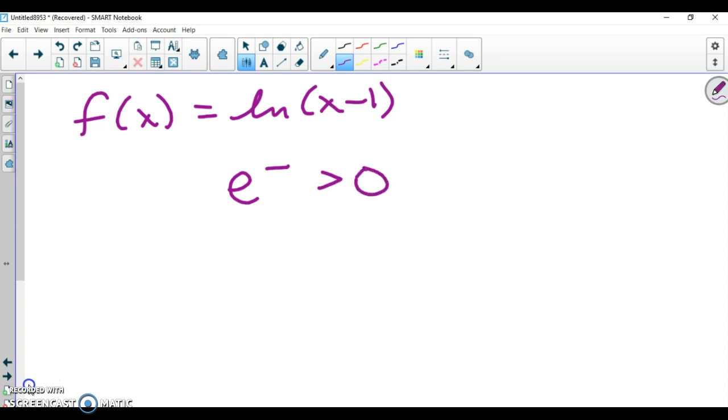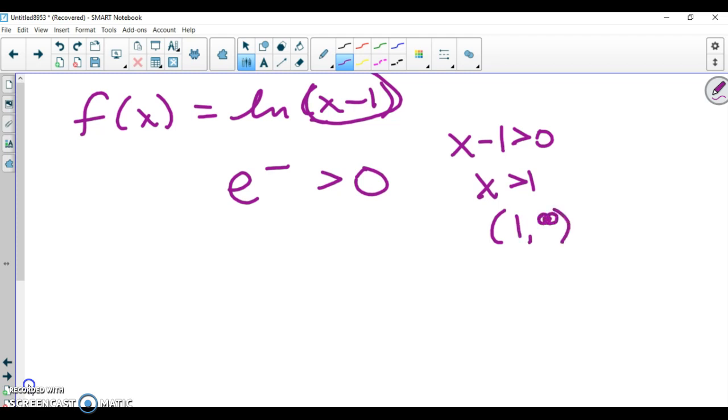So x minus 1 needs to be greater than 0. x needs to be greater than 1. So the domain we can write as 1 to positive infinity. And the vertical asymptote, of course, is undefined at 1. x cannot equal 1. A vertical asymptote exists at x equals 1.